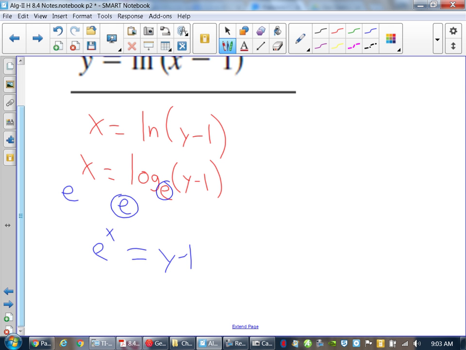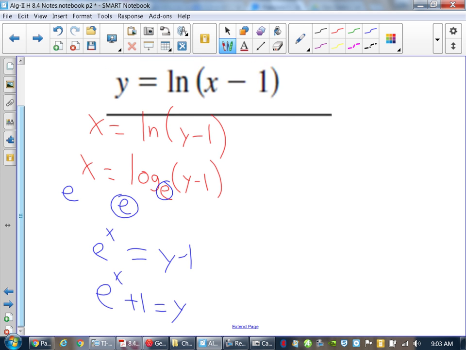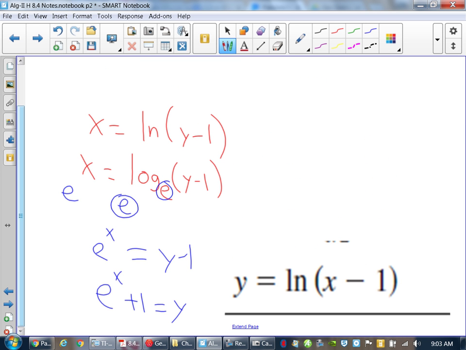And how do I move the 1? Add it. These two then are inverses of one another.